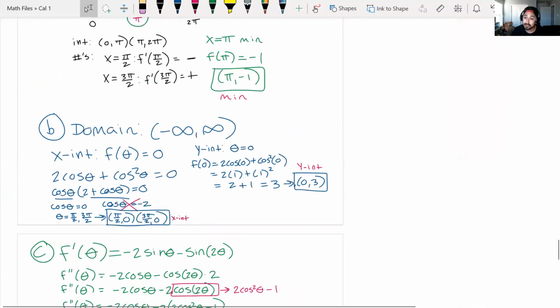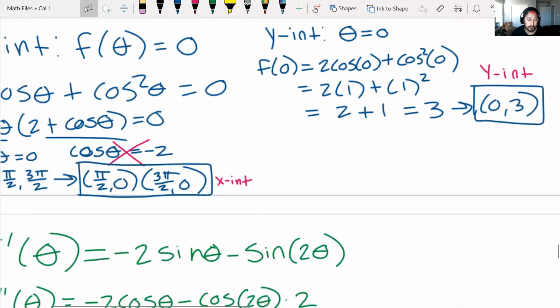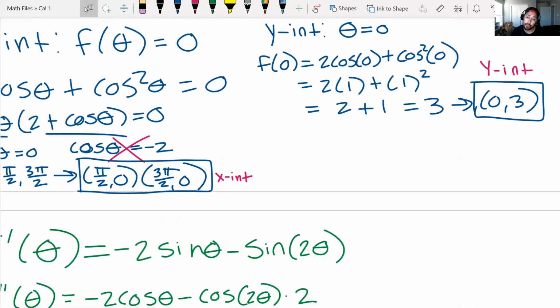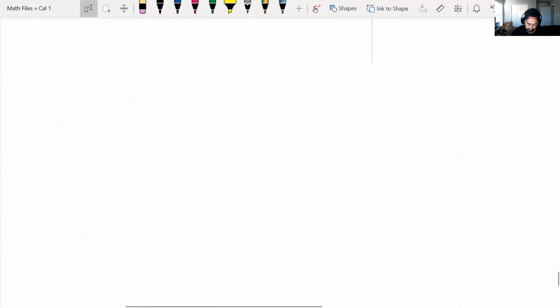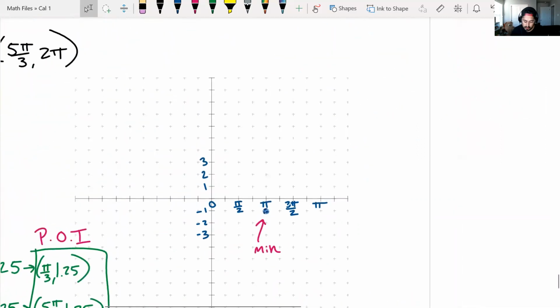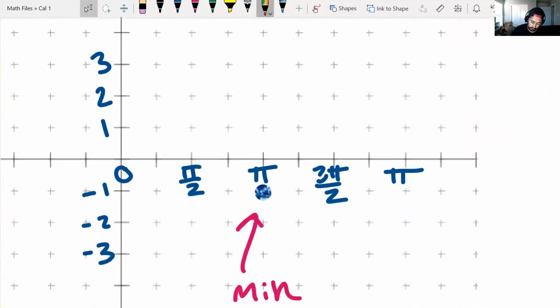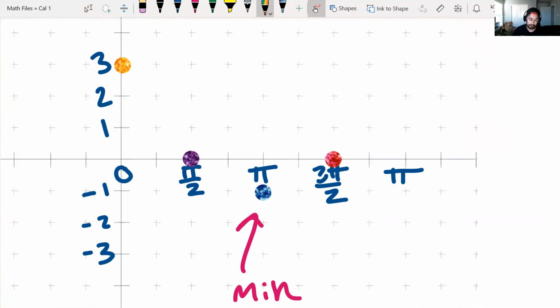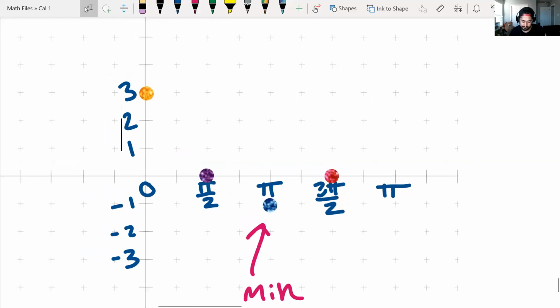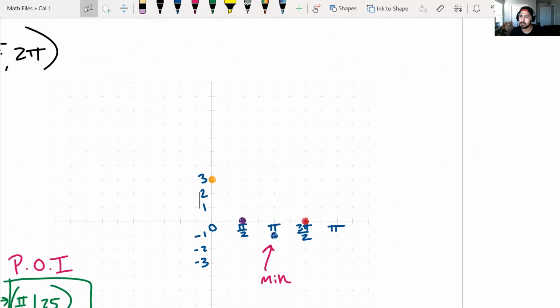That's what we did second. My X-intercepts are at pi over 2 and 3 pi over 2. And I think my Y-intercept was at 3. There you go.